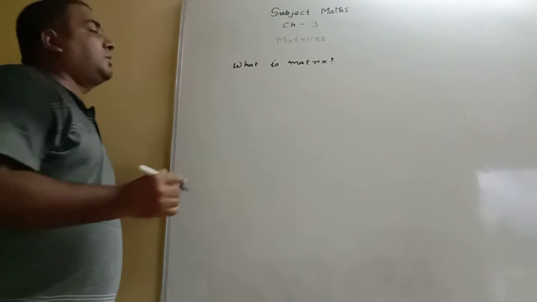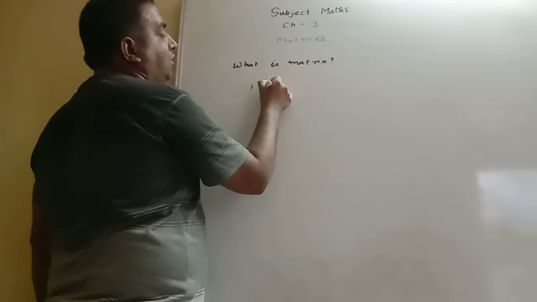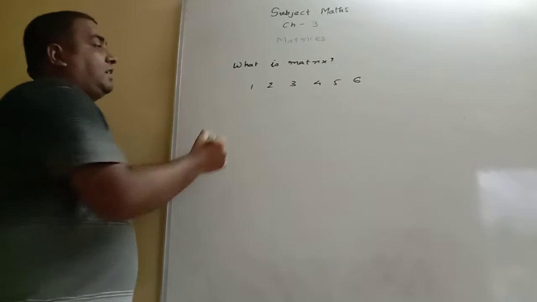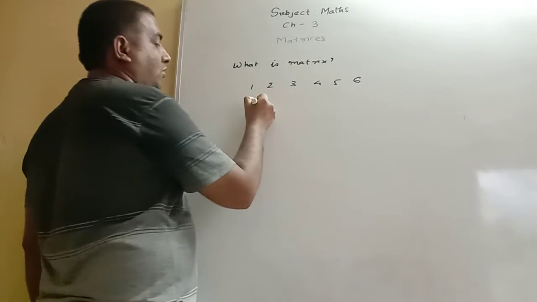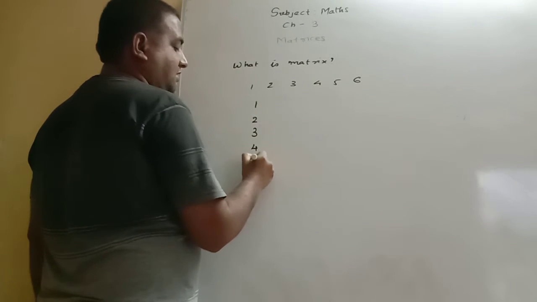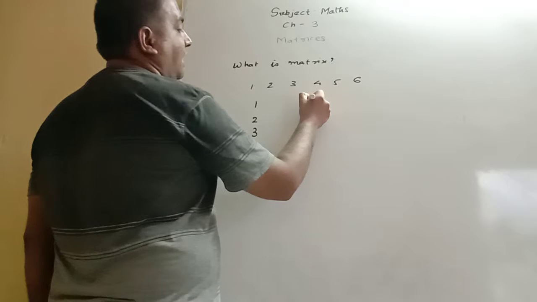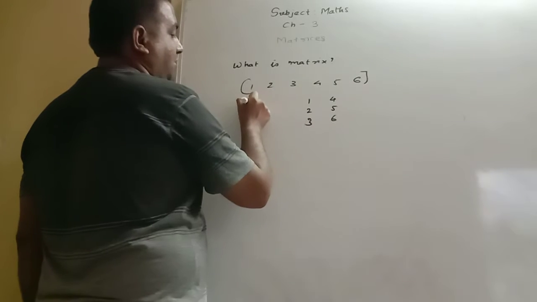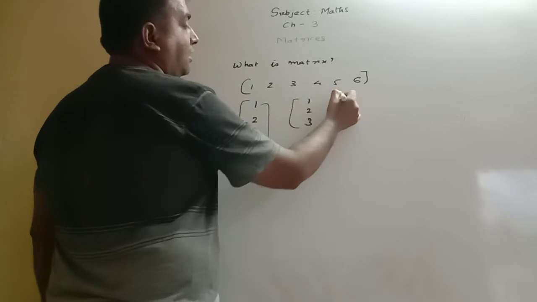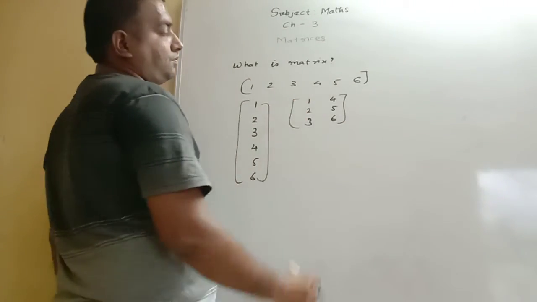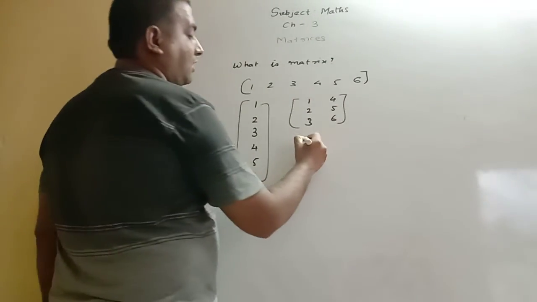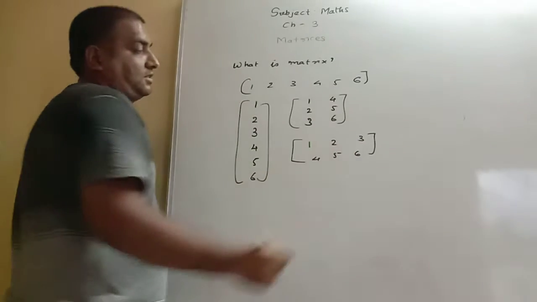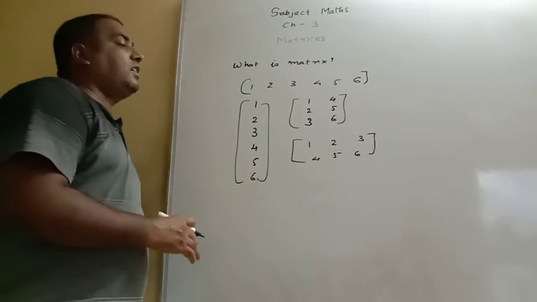Suppose we have numbers 1, 2, 3, 4, 5, 6. These numbers we can arrange in many ways, like 1, 2, 3, 4, 5, 6 in one row, 1, 2, 3, 4, 5, 6 in one column, or in two vertical lines and three horizontal lines, or 1, 2, 3, 4, 5, 6 in two horizontal lines and three vertical lines.